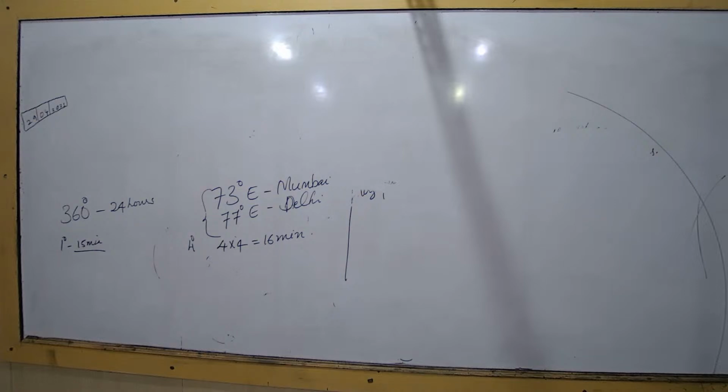So that many hours, 1, 2, 3. Understood? That many hours are passed. 1 degree line to next degree line is 4 minutes. Got it?